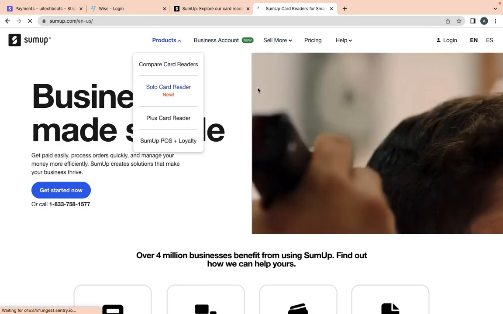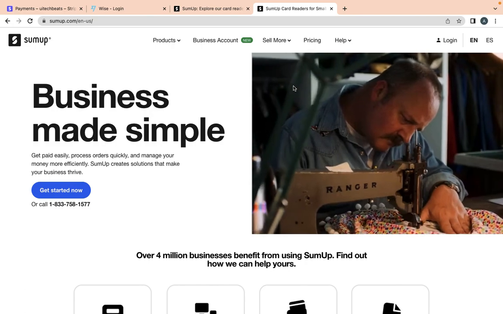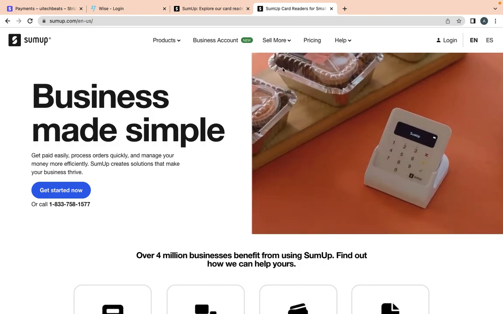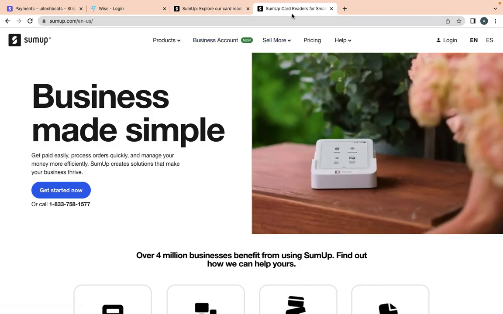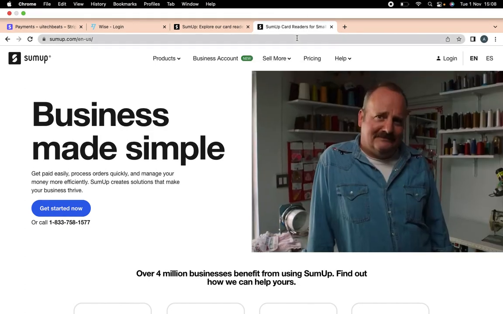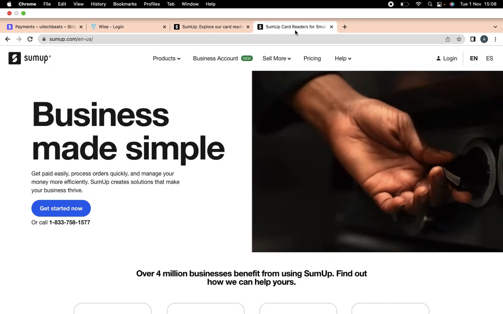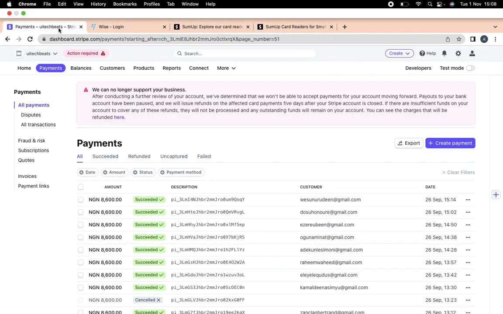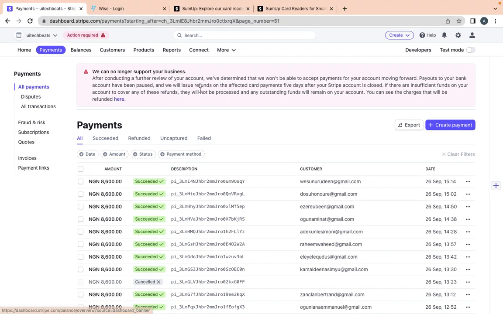But as a foreigner, if you are not a US citizen, you would not be able to register on SumUp.com because they are going to require your SSN. Then also you need to have access to the OTP for the cards that you are using for SumUp.com and SumUp.co.uk. But Stripe doesn't require OTP, although maybe if you start receiving a lot of funds, they start asking you for OTP for some cards, not all.